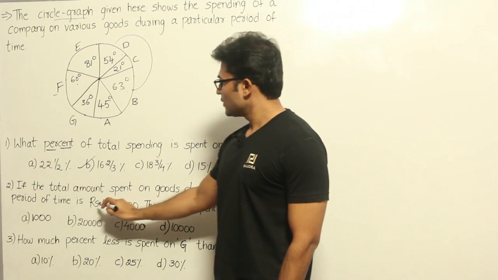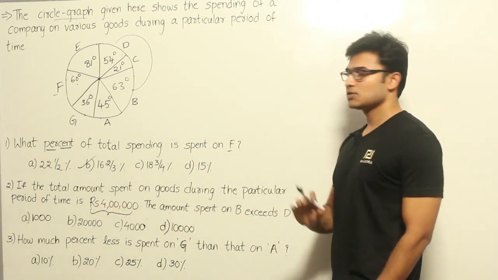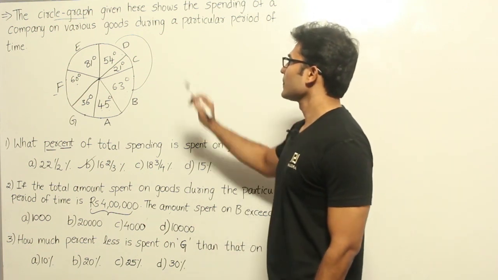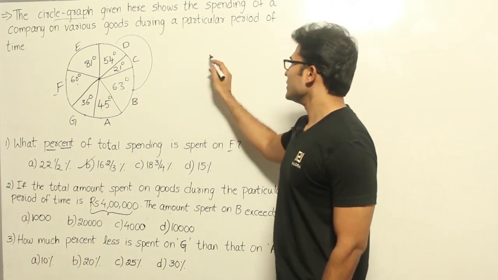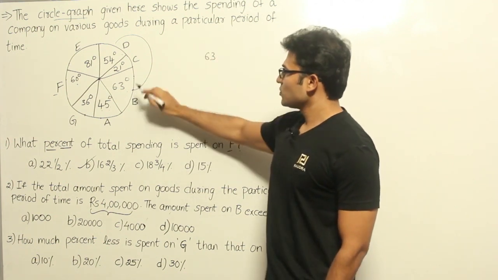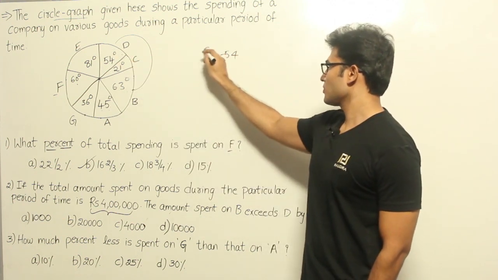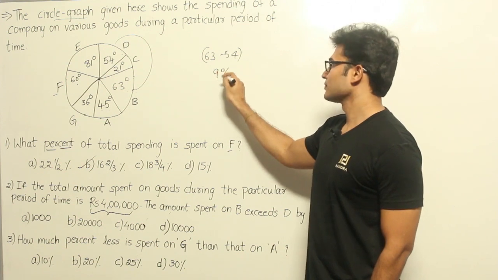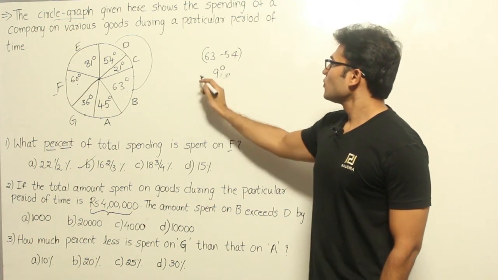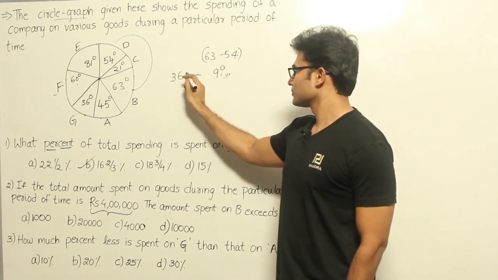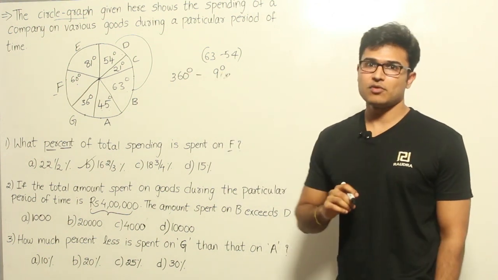So they are saying that the total amount is equal to 4 lakh rupees that is totally spent. Now how to solve it: let us say the amount spent on B in degrees is 63 and the amount spent on D in degrees is 54. Now what is the extra amount that is spent? 9 degrees. Got it? Out of what? 360 degrees. If you consider that your total amount is 360 degrees, then 9 degrees is the extra amount, right?